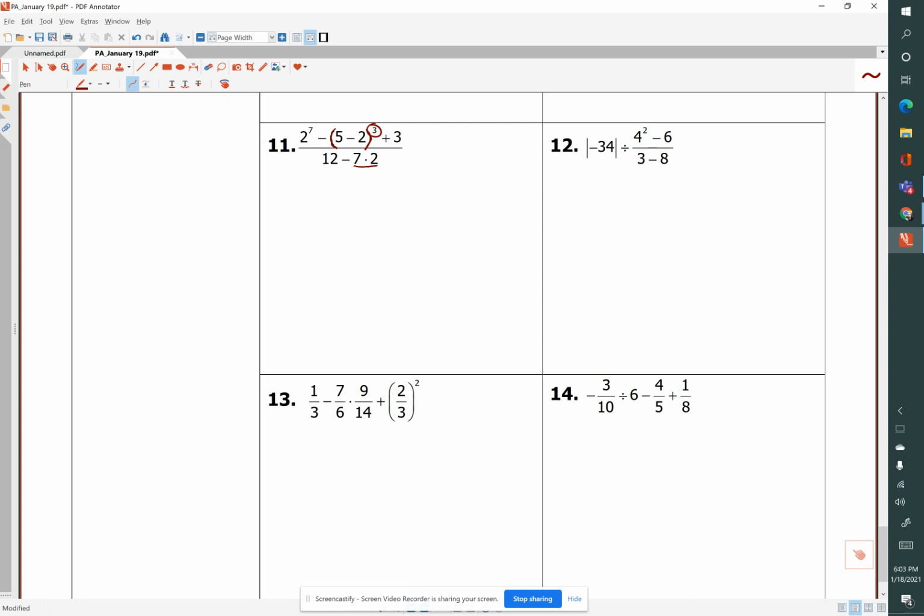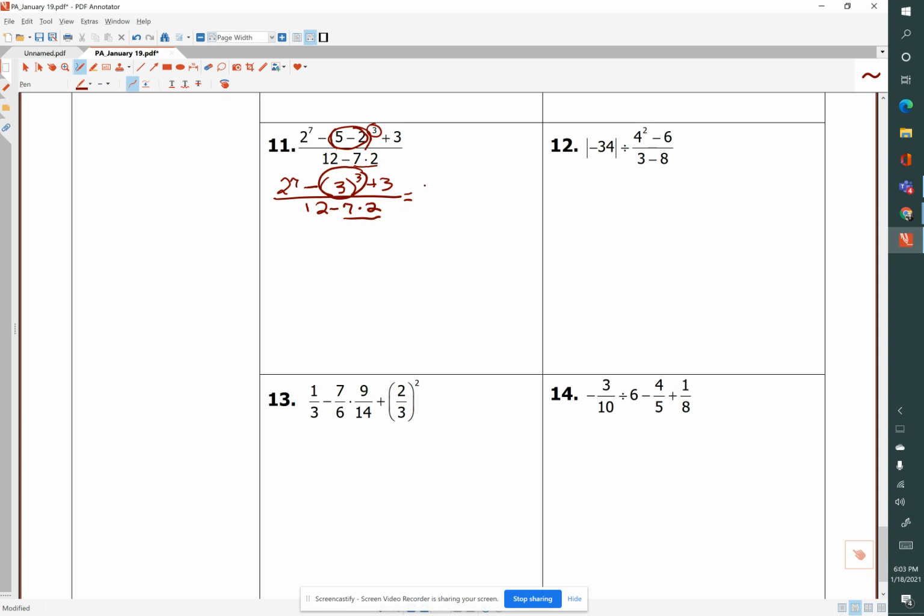So we're going to start by evaluating inside this grouping symbol. So we have 2 to the 7th minus 5 minus 2, which is 3, and that's raised to the 3rd power plus 3. And in the denominator, 12 minus 7 times 2. Okay, now let's evaluate this exponent, and we can do 7 times 2 as well.